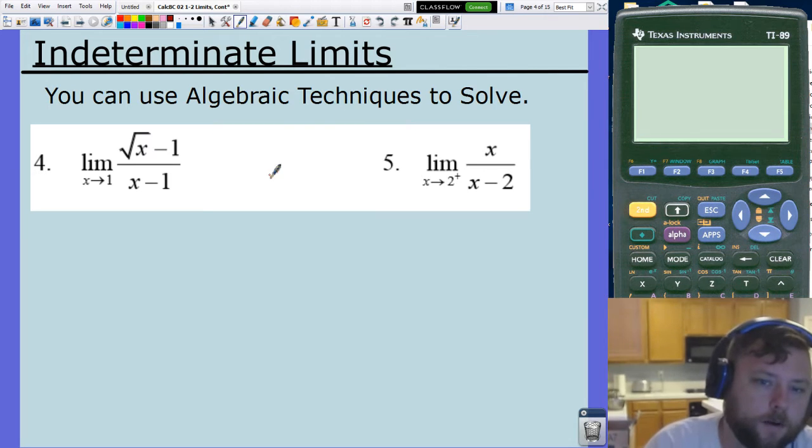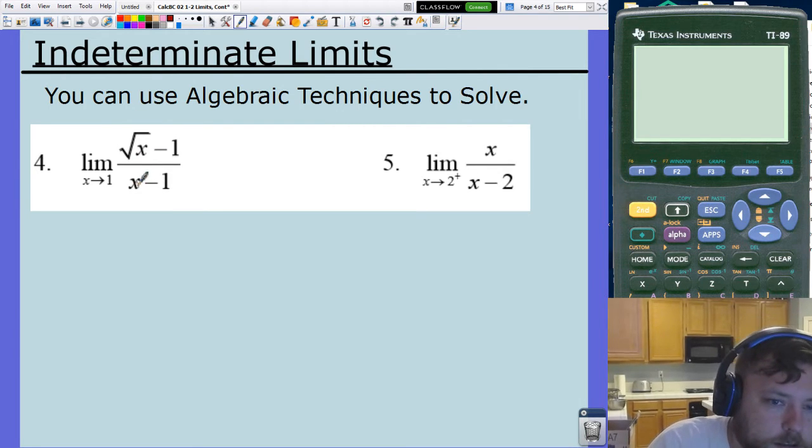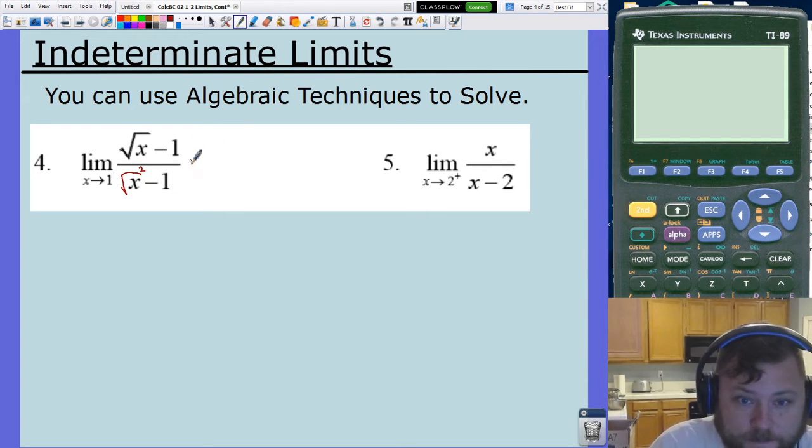Algebraic techniques. Okay, this one right here. This is actually a difference of squares, and you're going to hate me a little bit. See this square root of x minus 1? I'm going to convert this. Instead of saying x, I'm going to say square root of x squared. Now it looks like a difference of squares, right? You can do that because the square root and the square cancel out.